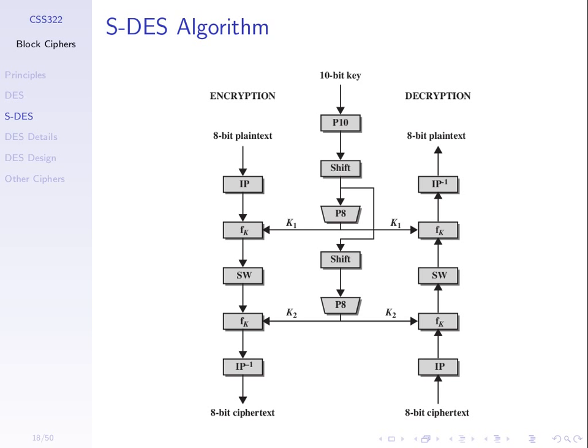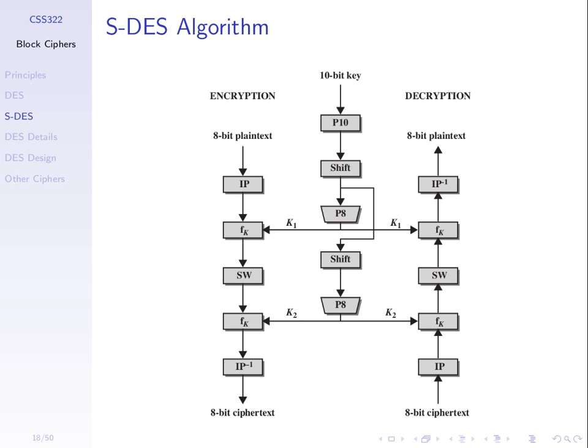And we'll return to it, but we'll notice that decryption follows the exact same steps as encryption. Encryption, we'll see, is IP, F of K, SW, F of K, IP, the inverse IP. Decryption, exactly the same steps. The only difference is that we'll use the round keys in the opposite order.